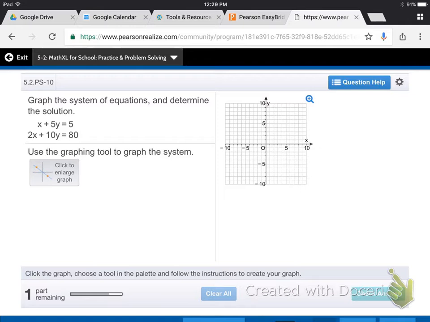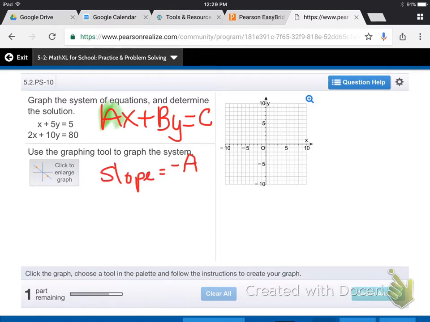Remember that if they are in the form ax plus by equals c, the slope is equal to negative a over b, and the y-intercept is equal to c over b.